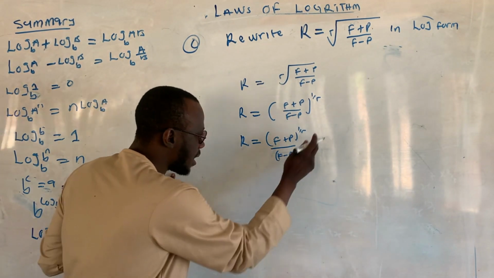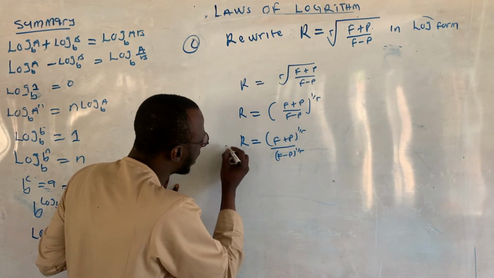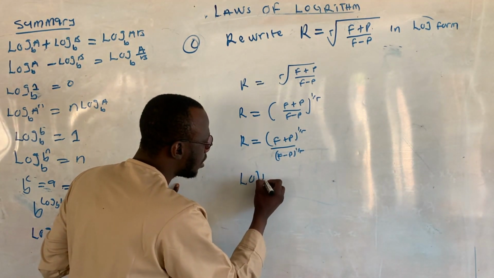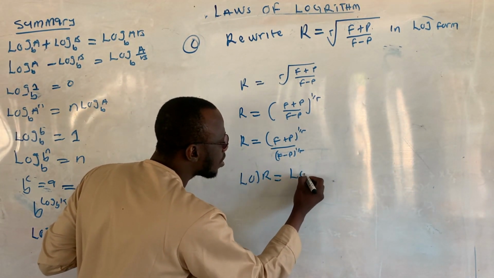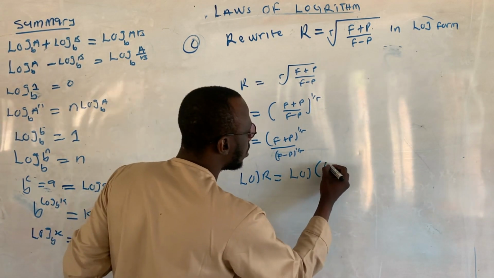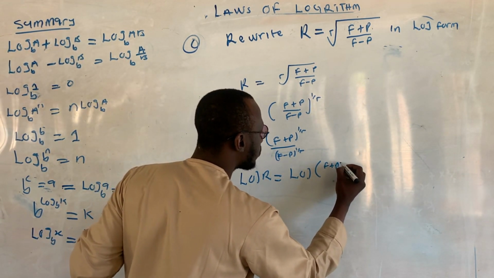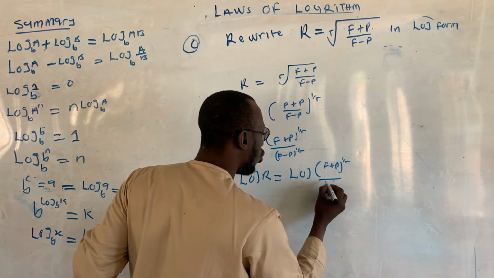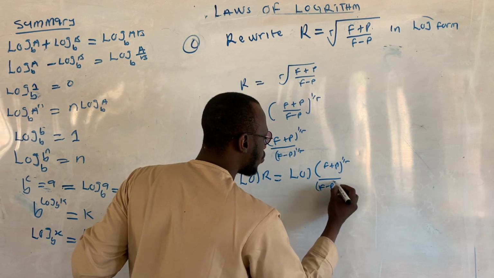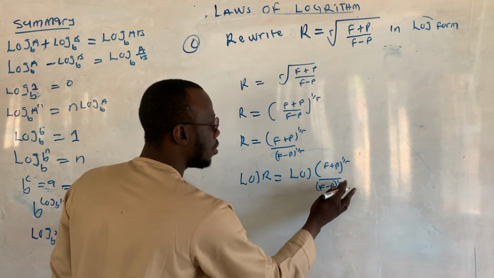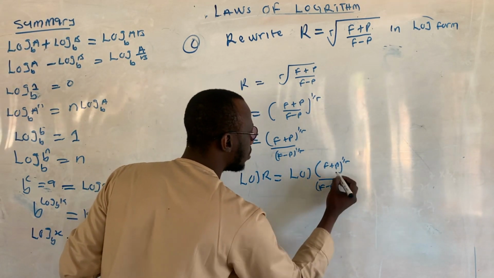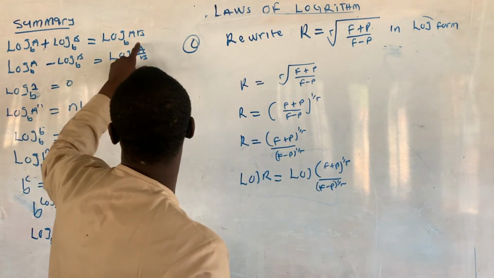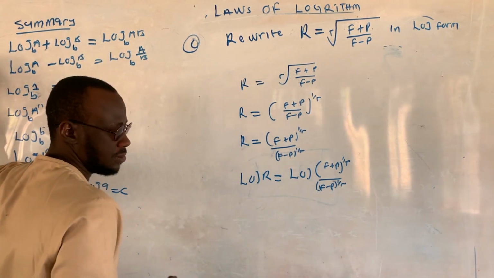Now we take the log of both sides. We say log r equals log of (f plus p) to the power of 1 over r, over (f minus p) to the power of 1 over r. Remember that a division sign goes to a negative symbol.